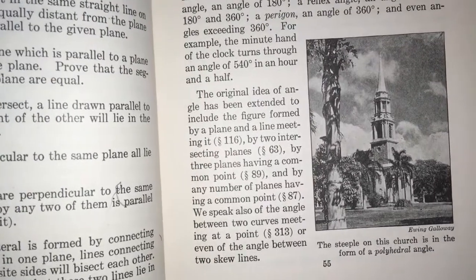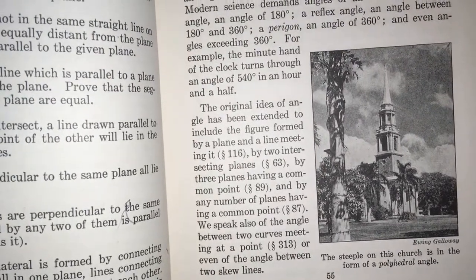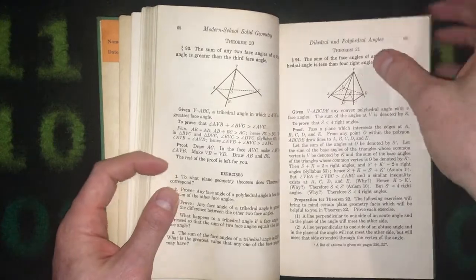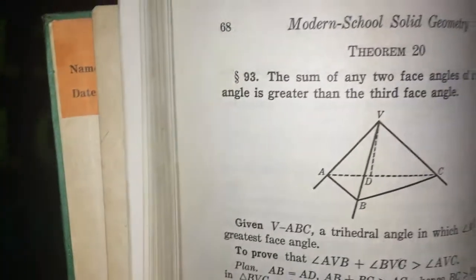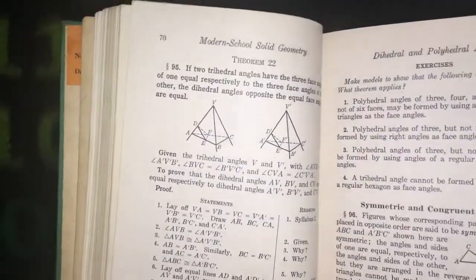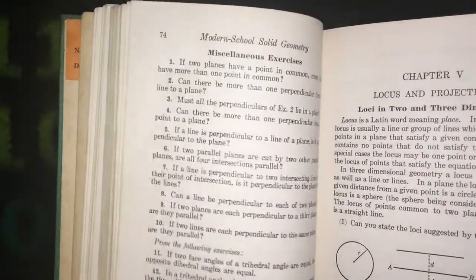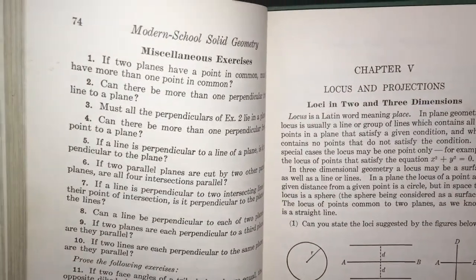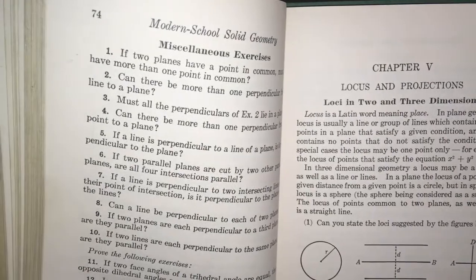The steeple of this church is in the form of a polyhedral angle. A trihedral angle. This is one of those old-fashioned math words that you don't see a lot in secondary education, at least in my experience.